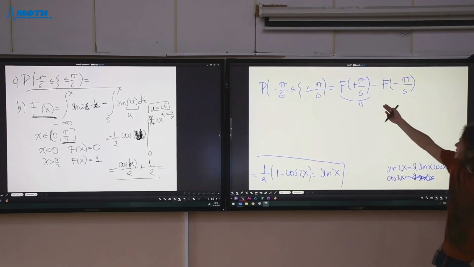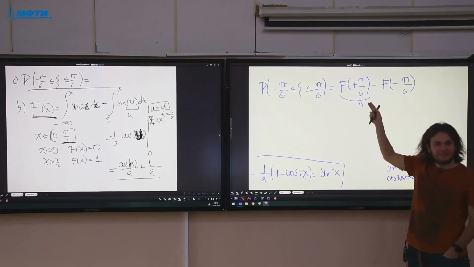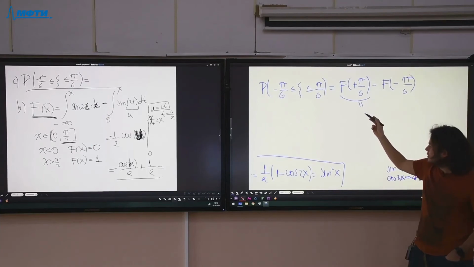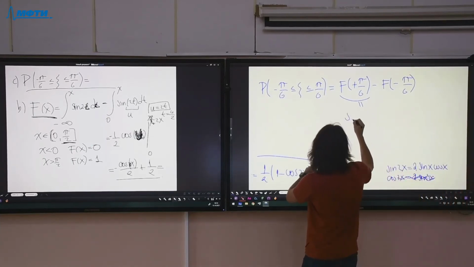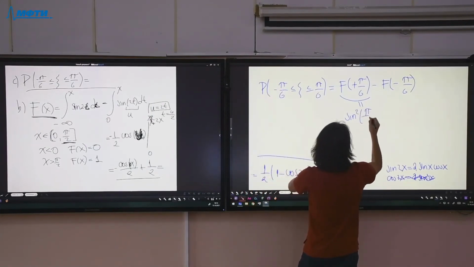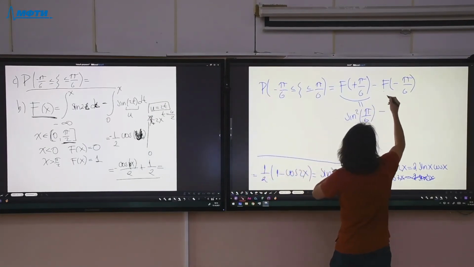So what is this? F of this point. So this is the sine squared of pi over 6, right? Minus, what is this value?